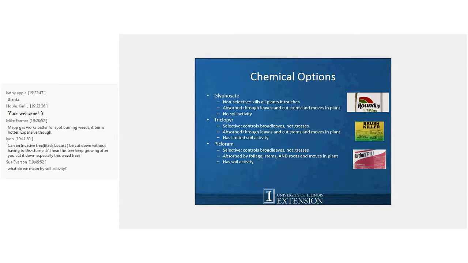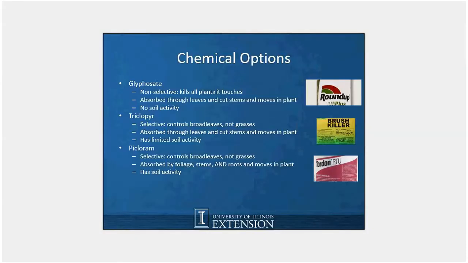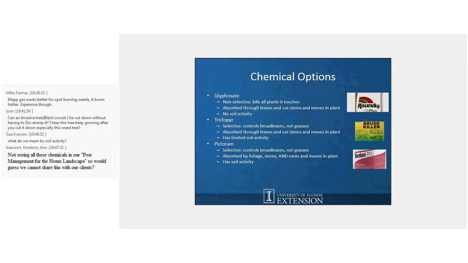But in some cases, I did just really need to use some chemical, and as careful as I tried to be, there were some cases where I killed some parts of plants that I didn't want to kill, but that was just a risk that I had to take to get rid of that particular problem that I was dealing with.